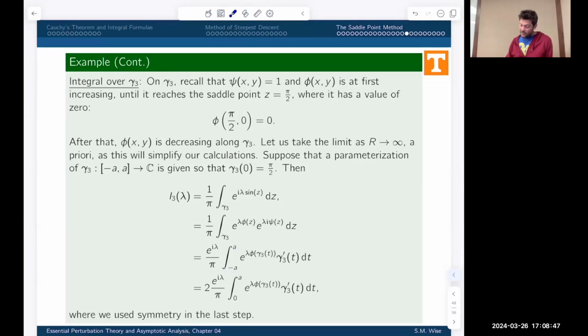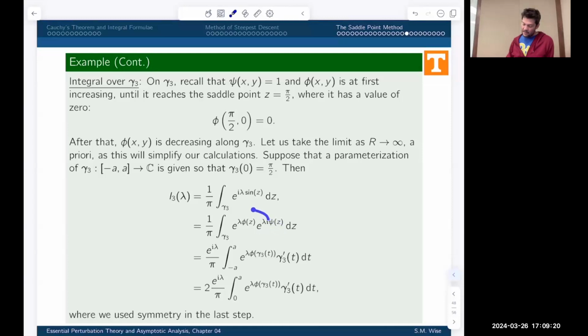The contour is going to run over z equals gamma 3, and then I have to multiply by gamma 3 prime. Now, what happened to the imaginary part? Well, remember, on gamma 3, psi is exactly equal to 0. No, that's not right. It's 1. So I was wondering, where did it go? It actually popped out front. So it's e to the i lambda. So that's this part. Psi is equal to exactly 1.